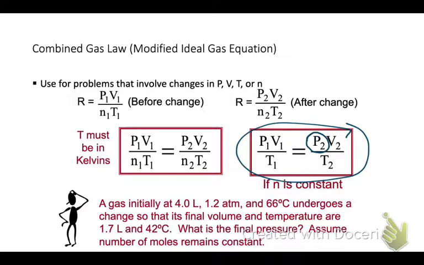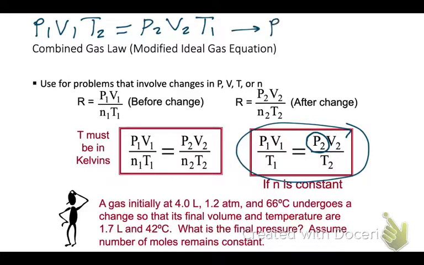If I write these equations together, I'm going to do the cross multiplication. This says P1 V1 T2 equals P2 V2 T1, and what I am solving for is P2.